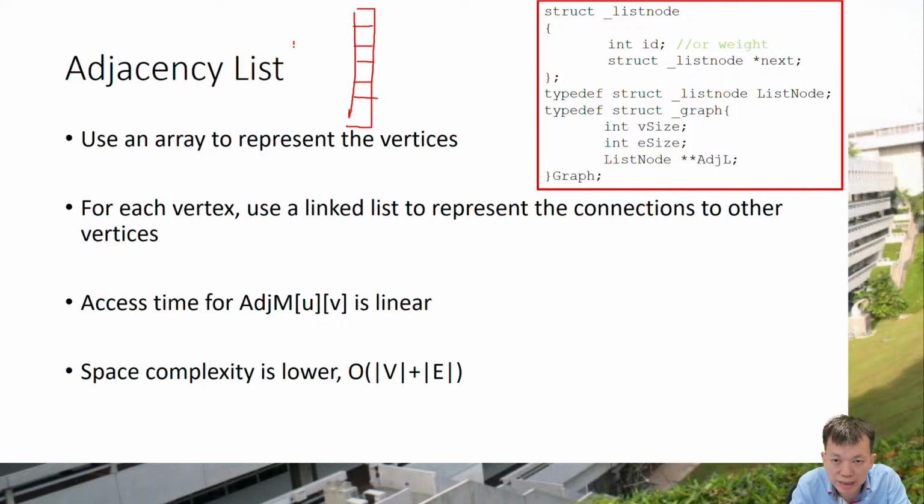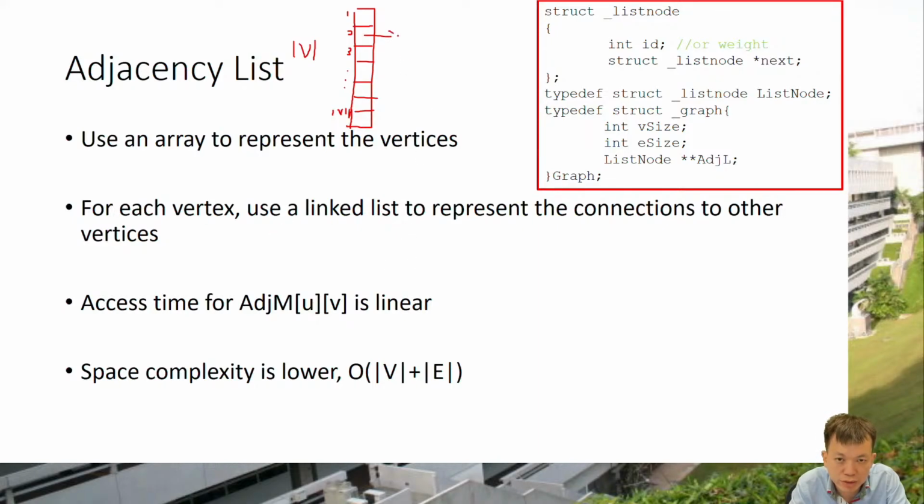Let's say I have so many vertices. That means this is vertex 1, this represents vertex 2, vertex 3, and so on and so forth, to the last one, which is vertex V. You have so many vertices, then you create an array with the same size. Then each vertex uses a linked list.